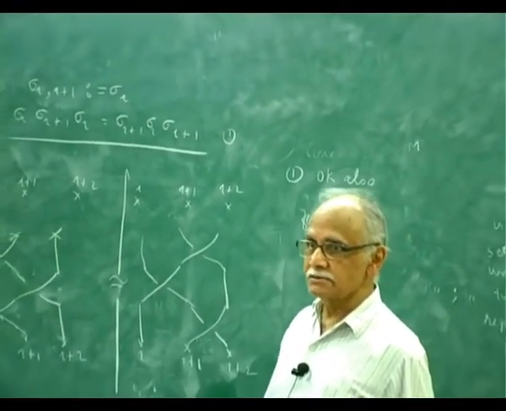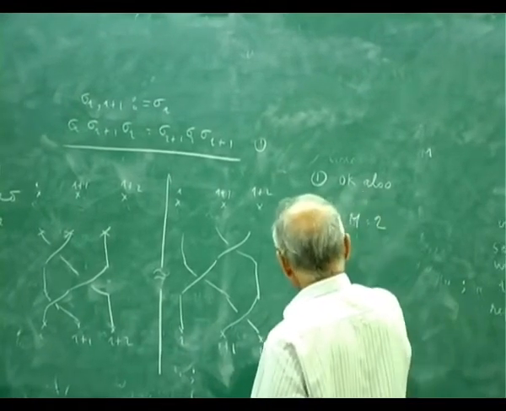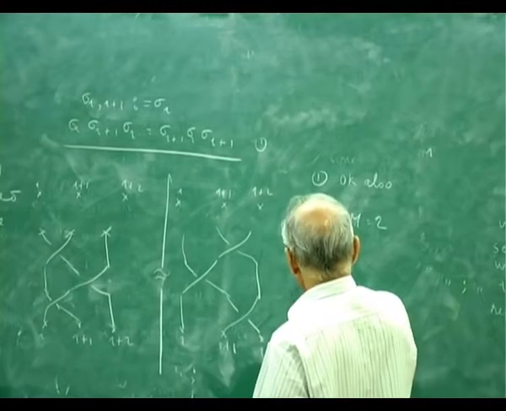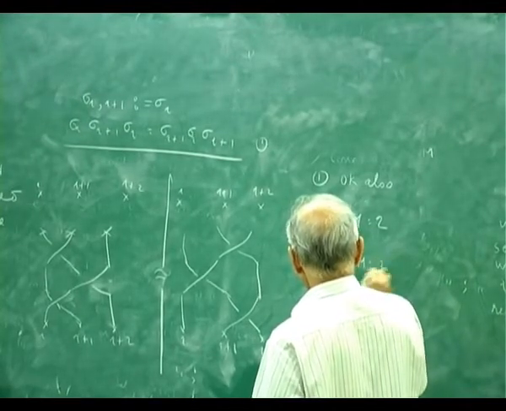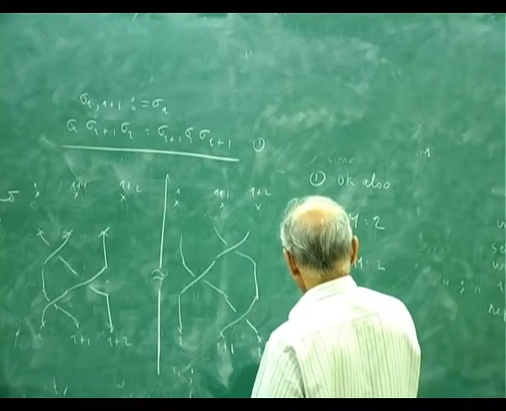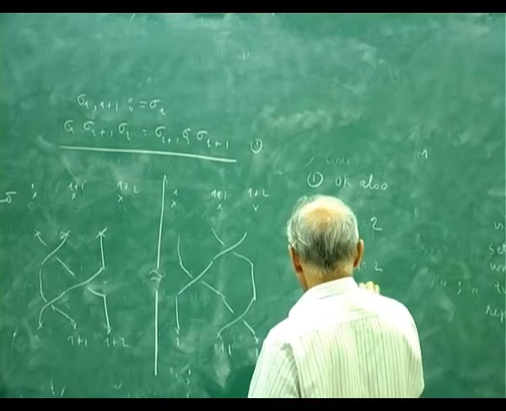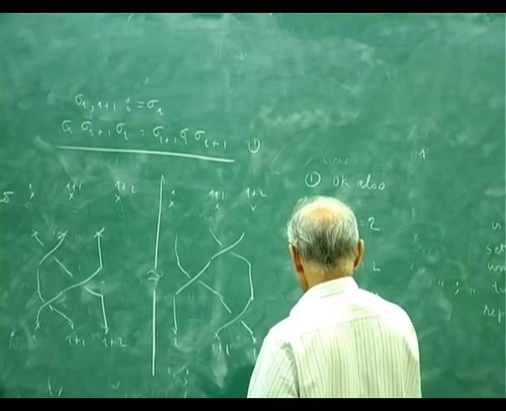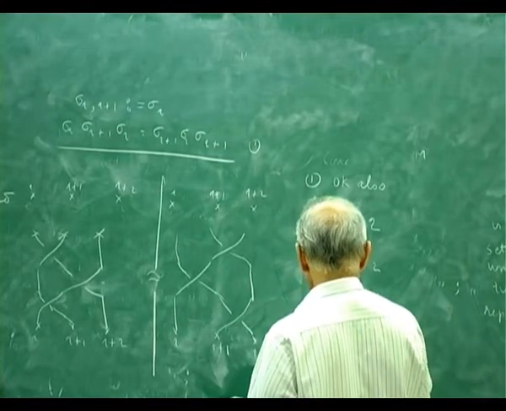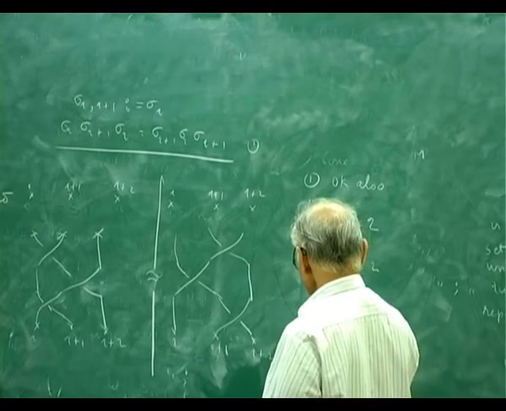I will get a knot. Right. So for n equal to 2, which is 2 dimensions, m equal to 2, if we join top with bottom, you get a knot.